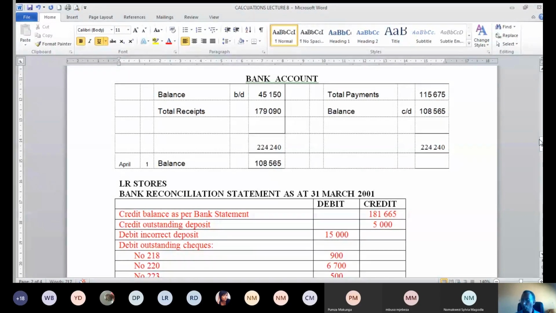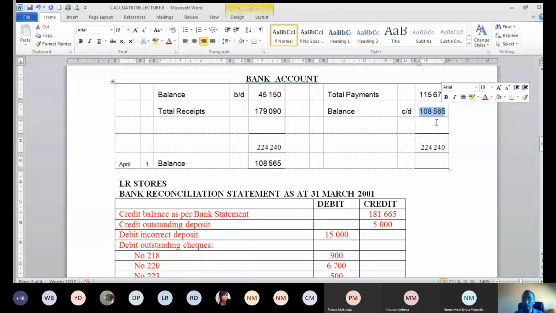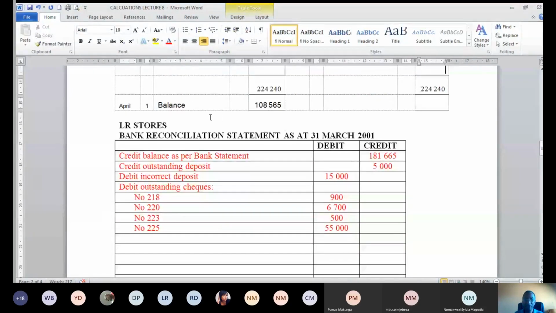You credit your bank account with your total payments. That's the transfer from your cash payments journal to the bank account. You calculate the difference between the two sides. That is your balance carry down, 108,565. And on the 1st of April, you will have a new balance of 108,565.